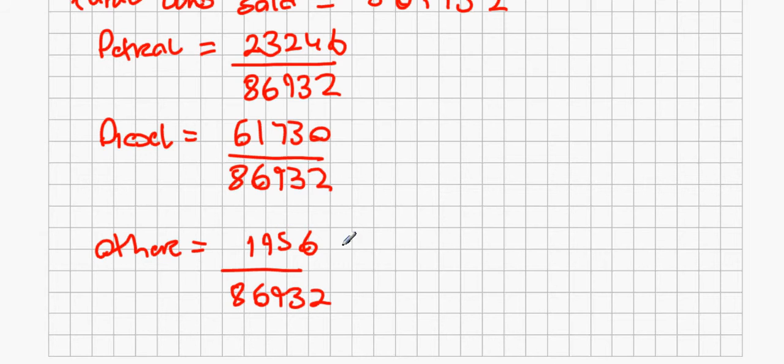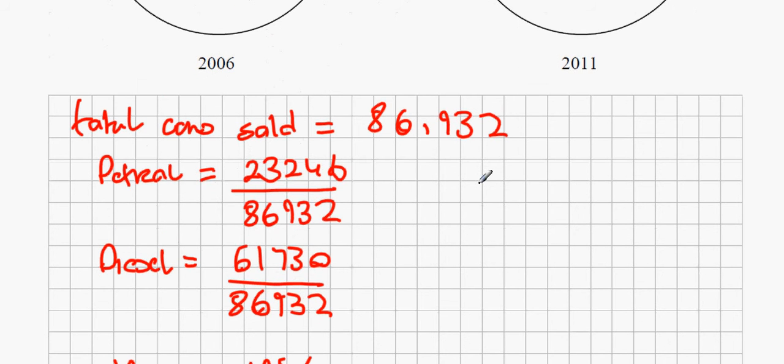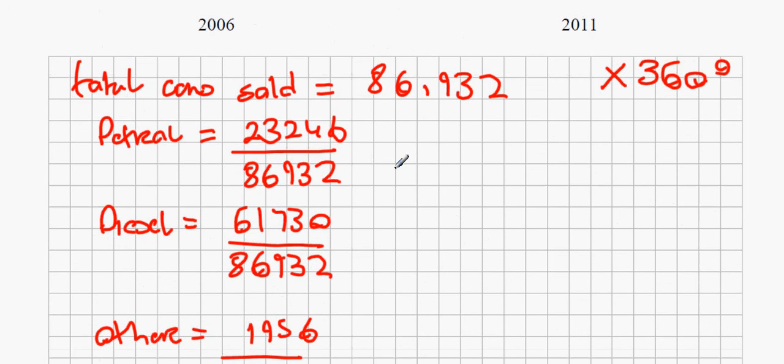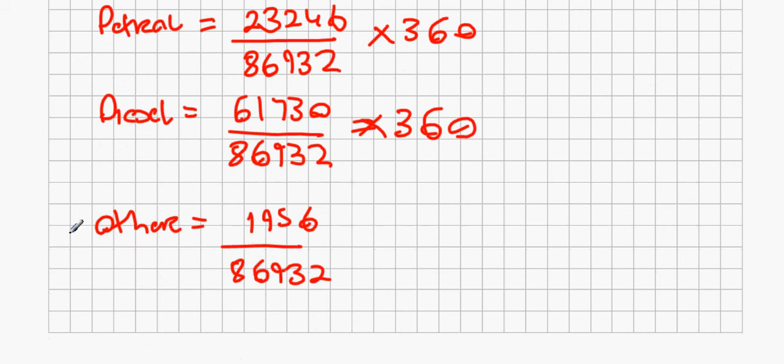Now what you've got to remember about circles is that this is the fraction. To get the angle we need to multiply by 360 degrees. What fraction of the full circle does it require? Okay, so this is the fraction. We're going to multiply that by 360 and then we can figure out what each section warrants on the graph.